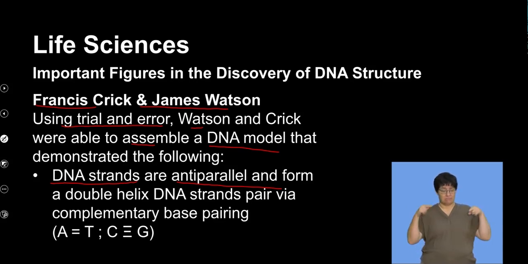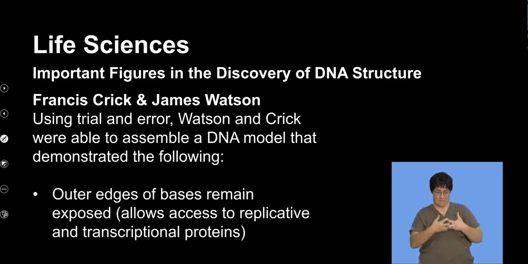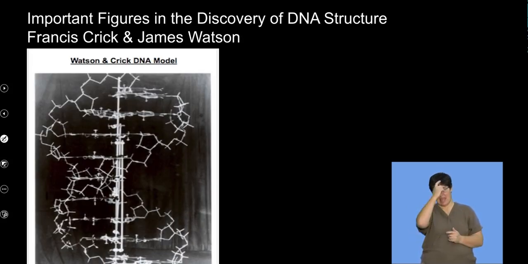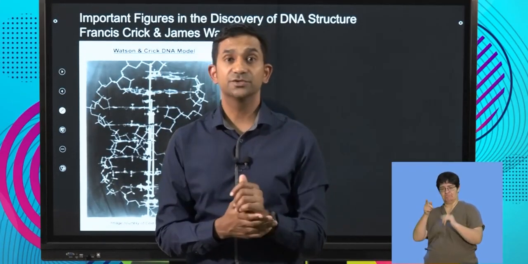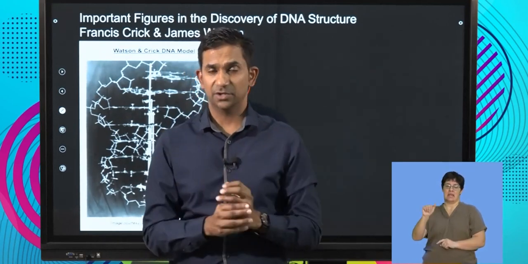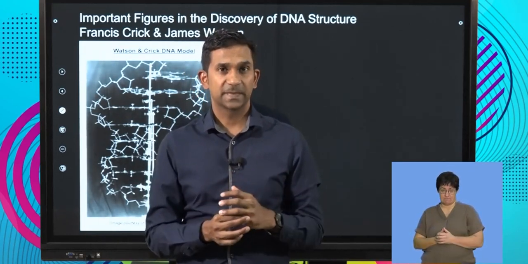It was made up of complementary base pairs, and using that information, they put together this model that we see here. This model was recognized as the most appropriate and correct scientific display of the DNA structure, and these two gentlemen were recognized for their contribution to discovering the DNA molecule with the Nobel Prize.